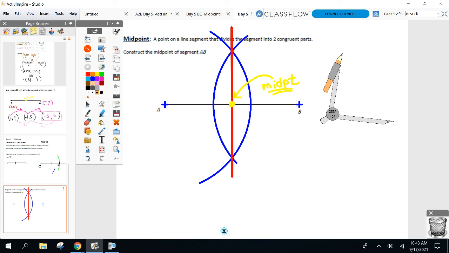I know it says array, but start with the line segment. For that first one, you are going to make XY congruent to AB. Just like we did in class, make yourself a line segment right now that's longer than AB, and then use your compass to measure AB and make XY for me.